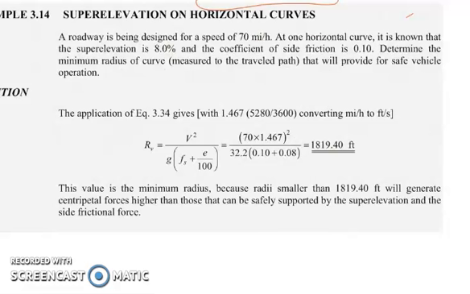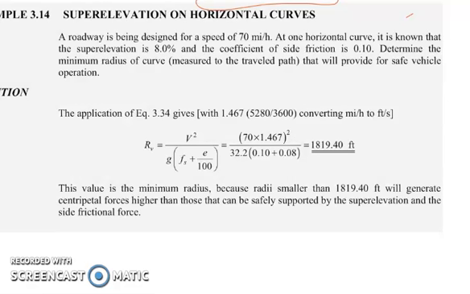Then we have our problem. A roadway is being designed for a speed of 70 miles per hour. At one horizontal curve, it is known that the superelevation is 8% and the coefficient of side friction is 0.10. Determine the minimum radius of curve that will provide for safe vehicle operation. So we are going to solve for the minimum radius of the curve, measured to the travel path.